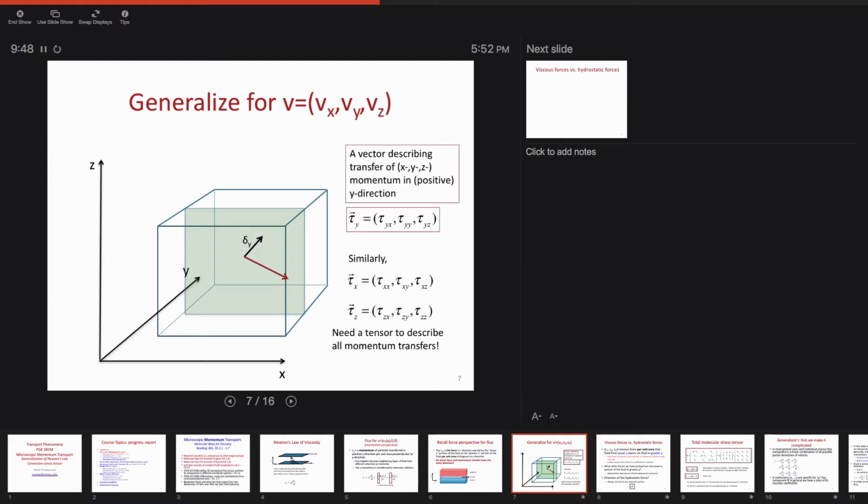I had a y in this, I could have x and z. If I transfer the same momentum components across z, I'm going to have 3 more values. So basically, this is my generalization: I put all these numbers into a 3x3 matrix, and I'm calling it a tensor.